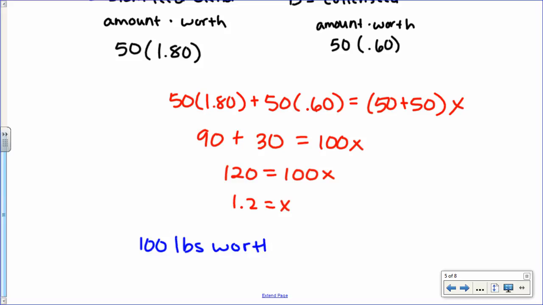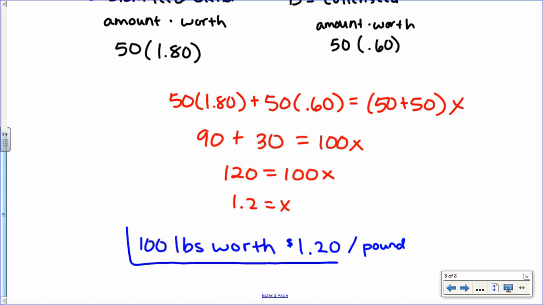Worth how much? 1.2 is my answer, so it's worth $1.20 per pound. Okay. Good. Questions about that? Again, you put in the same amount, 50 and 50. So this 1.2 is just the average of $1.80 and 60 cents.